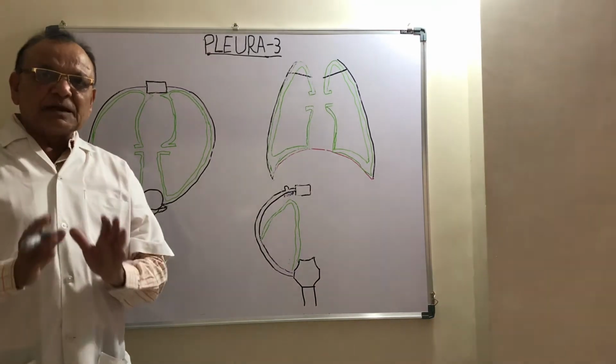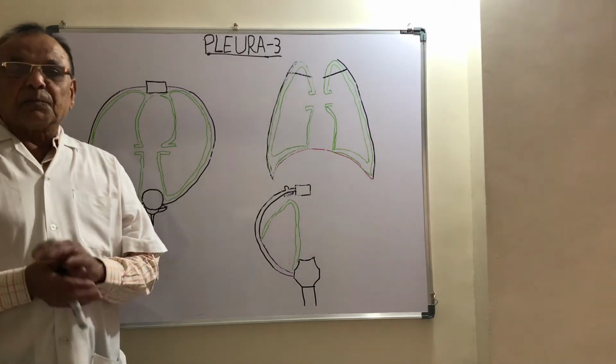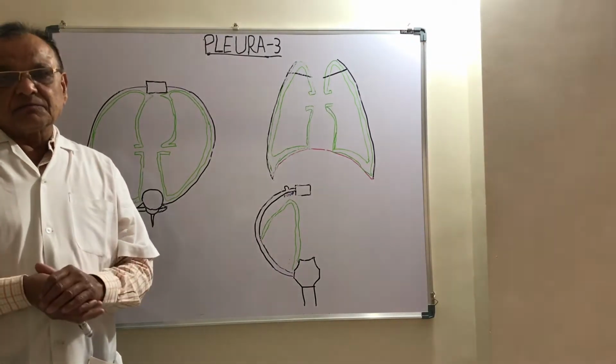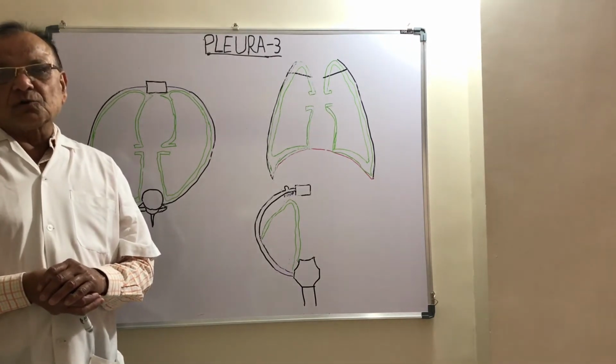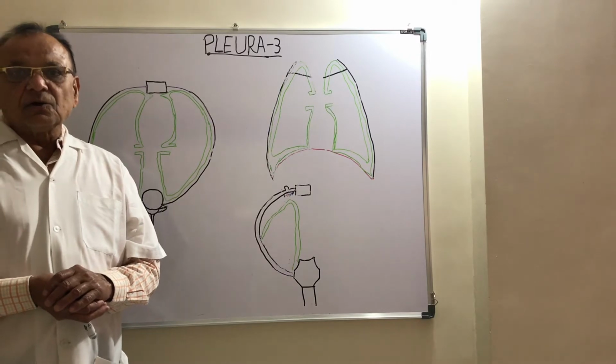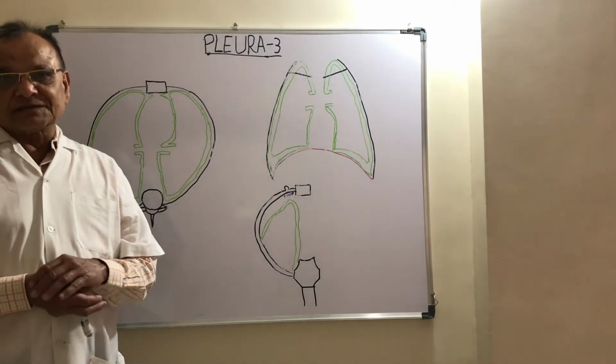So, the exact definition of pleural recess: the part of the pleural cavity which is not occupied by the lung during normal respiration is called the pleural recess.